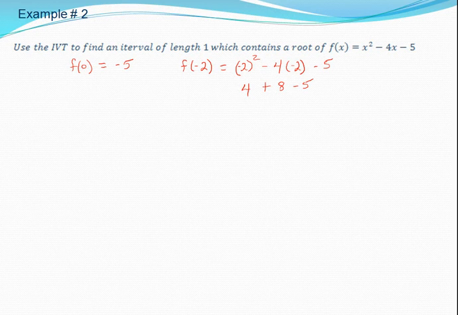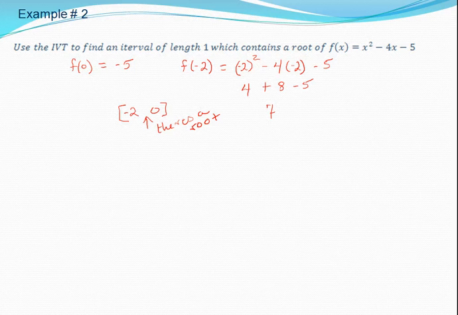So 4 plus 8 is 12. 12 minus 5 is 7. That's a positive value. So I know that I have an interval from -2 to 0, and somewhere in here there's a root, because it wouldn't change from positive to negative without passing through 0.